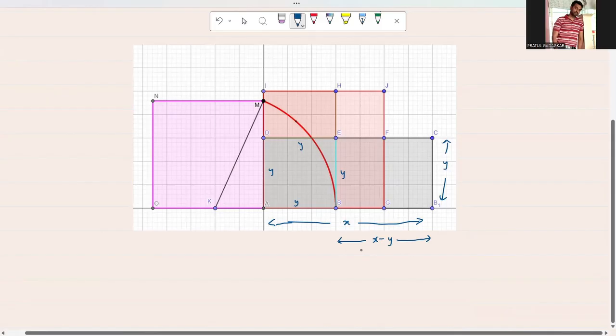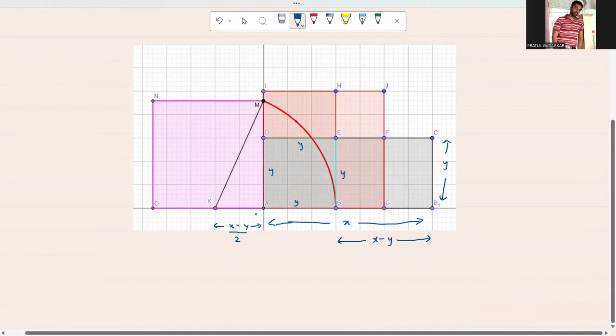The remaining distance is x minus y. And therefore this AK is also the same length which we have taken, that is, I'm sorry, this is not x minus y, this is half of x minus y. So this was half of x minus y.